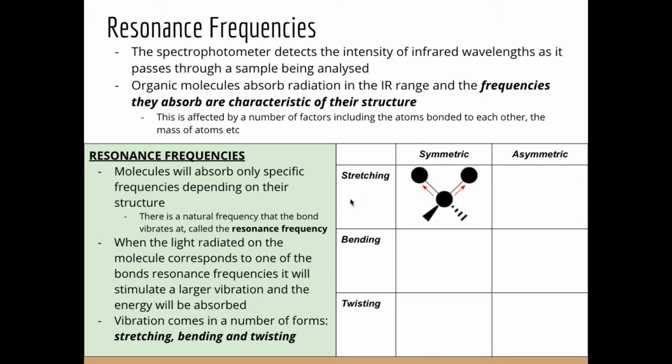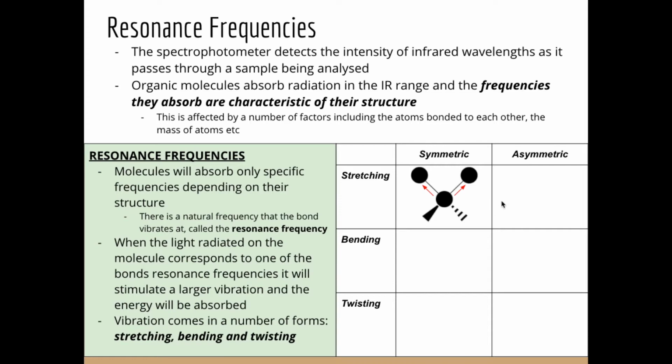If we imagine a symmetric stretching, these bonds in whatever our molecule is are stretching in and out symmetrically, so in the same direction together, which I will act out for us. Imagine I'm that central atom, with my two fists as my two bonds. The stretching would essentially be like that. That would be the symmetric stretching.